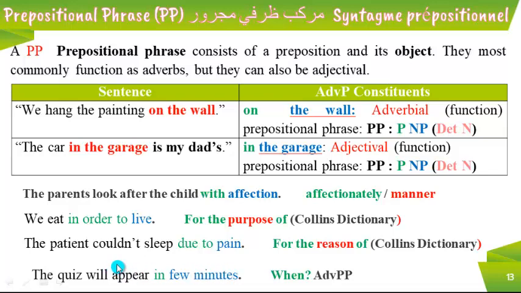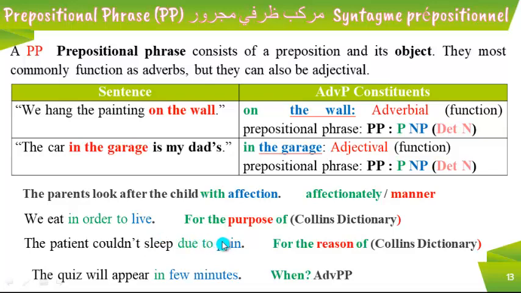The patient couldn't sleep due to pain. So due to is also a preposition, and the whole has the function of explaining the reason why.